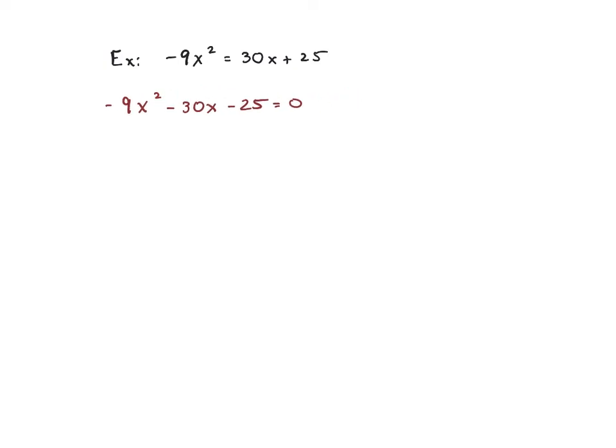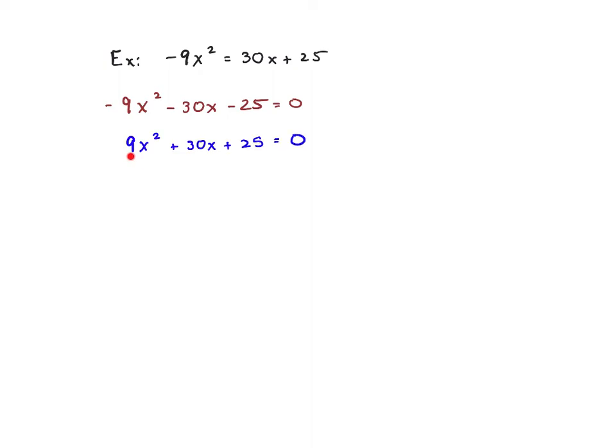Now, if everything is divisible by the same number, you could simplify this quadratic and you'd still get the same solutions. In this case, what I would like to do, though, is divide everybody by a negative 1. And that just relieves a lot of the negative signs.